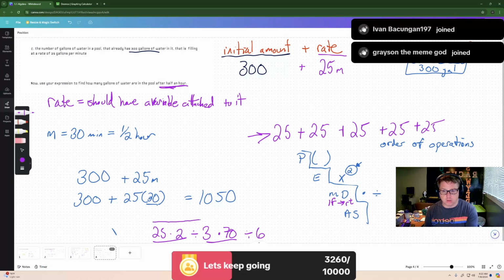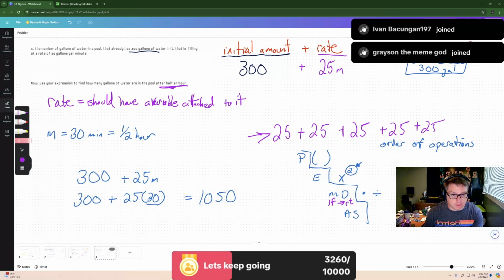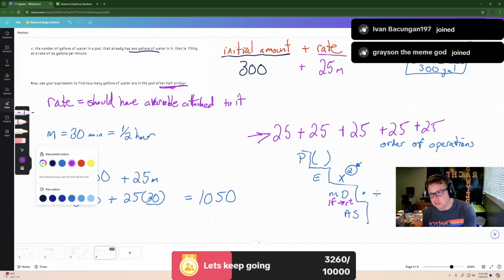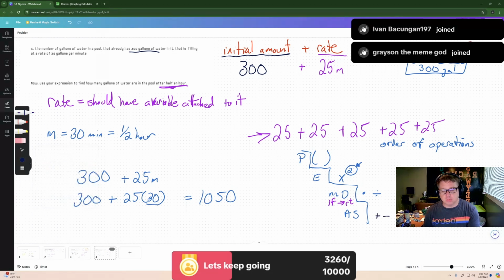We're actually going to work straight left to right. So we're going to do 25 times 2 divided by 3 times 70 divided by 6. You're just going to work through that problem left to right as how you read it. Okay? Then once we do the multiplication and division, then we can go on to that last step and do the addition and subtraction.